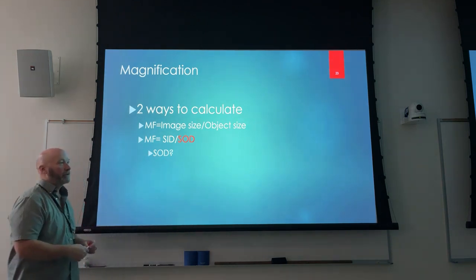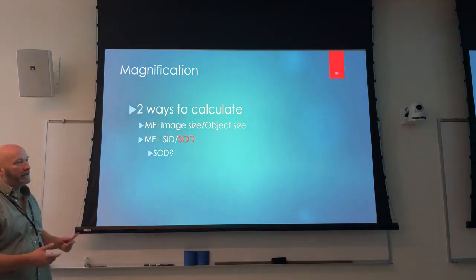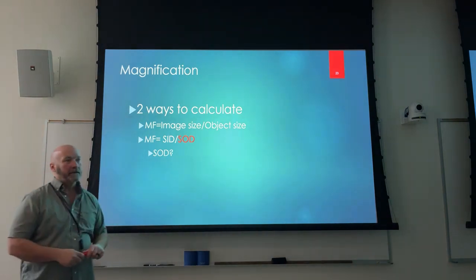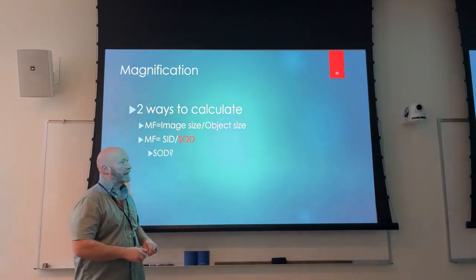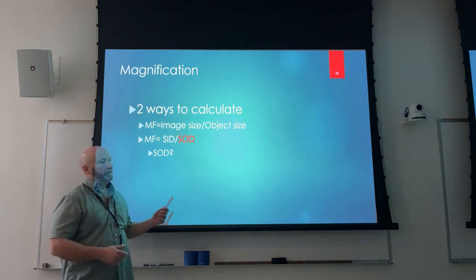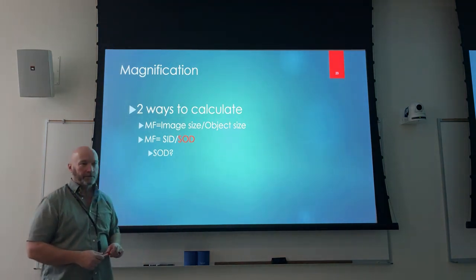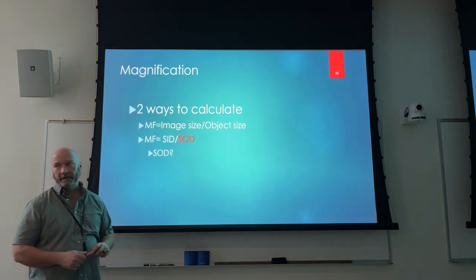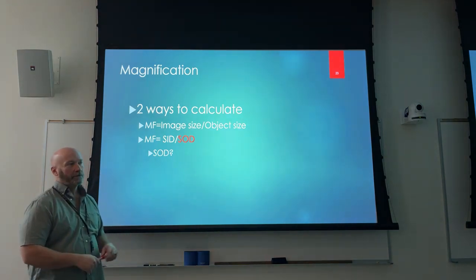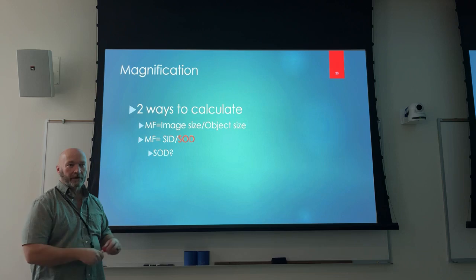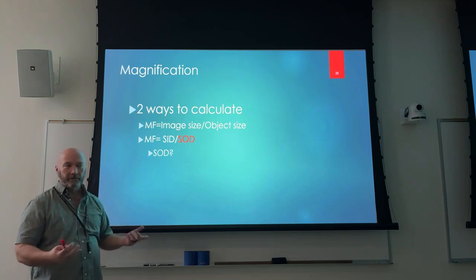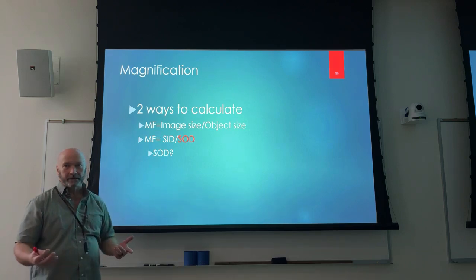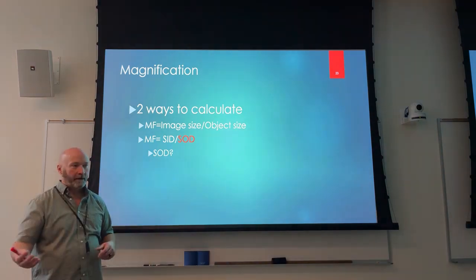So let's say you've got a question that says, okay, your image size is 4, your object size is 5. Is that possible? No, it's not possible. So, you can work through the calculations, but essentially what you've got there is a question that's asking you for something that's impossible.